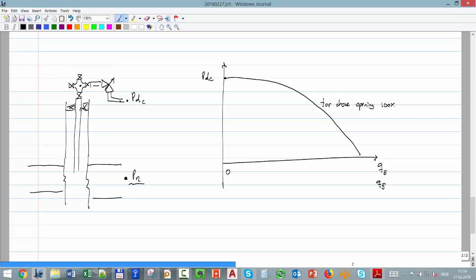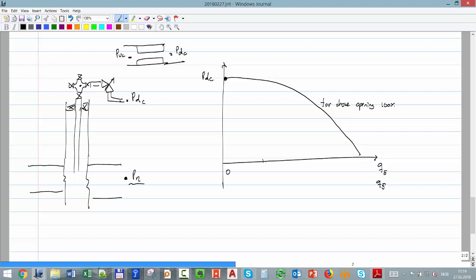So I have no flow, and really the choke doesn't do anything. If we look at the choke, say it's one of these bean chokes that I discussed some time ago, you have PDC and PUC, upstream and downstream of the choke, and they are going to be just the same. It doesn't make any change, right? So the starting point will be the same.